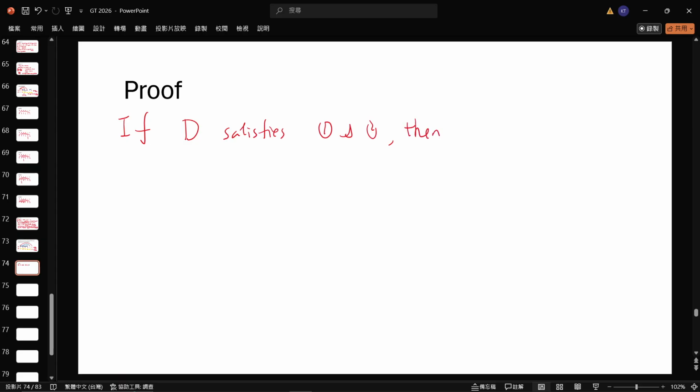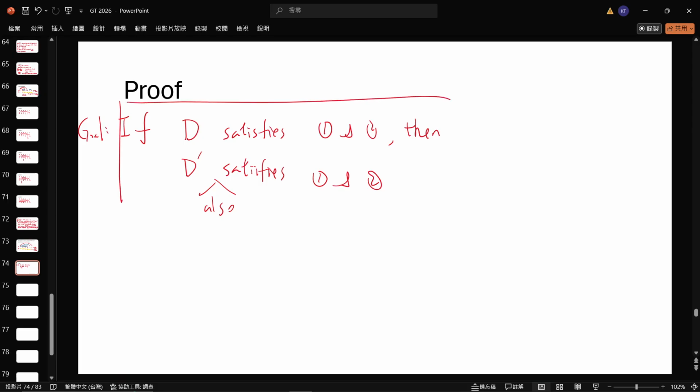Then D prime also satisfies 1 and 2. Okay. So that's our goal. So I want to prove that this is true, okay?